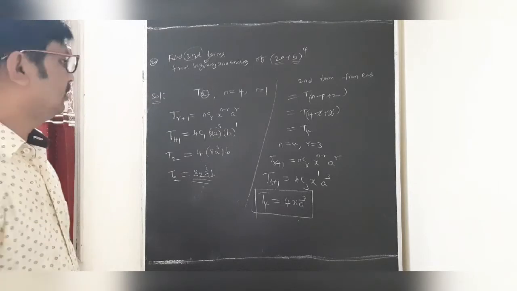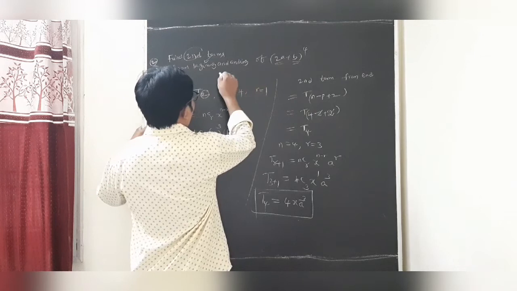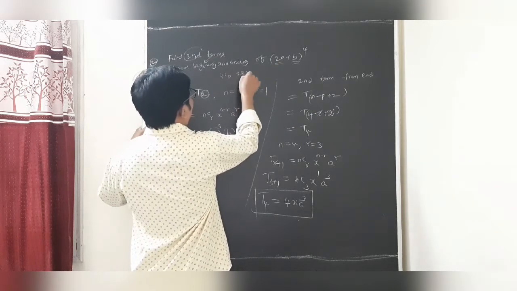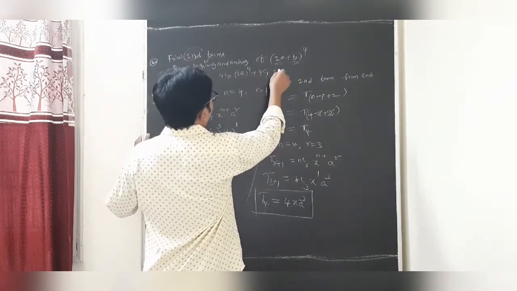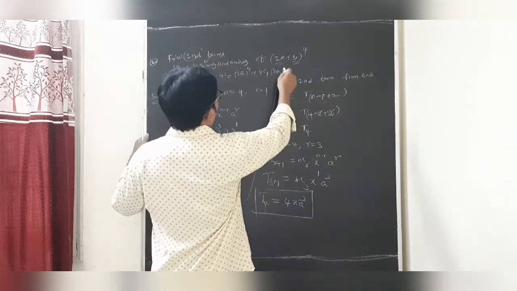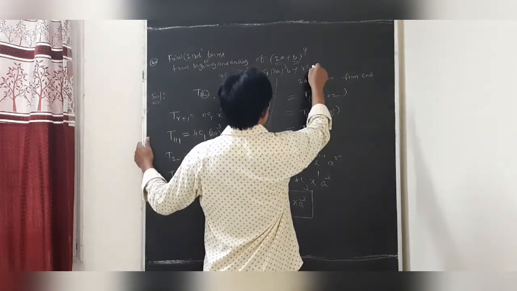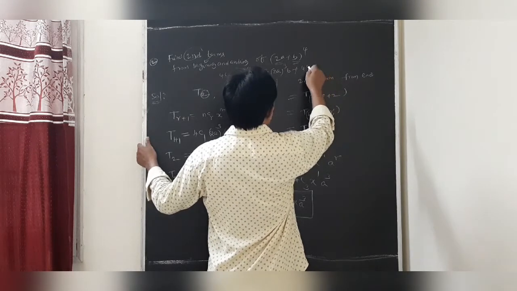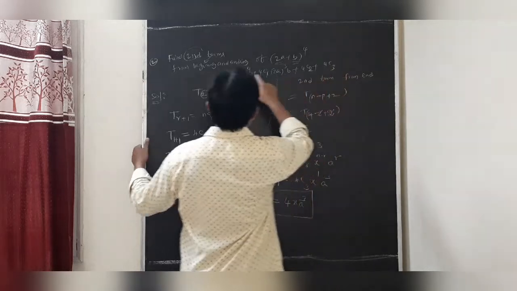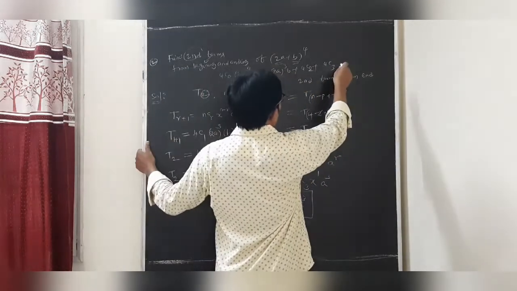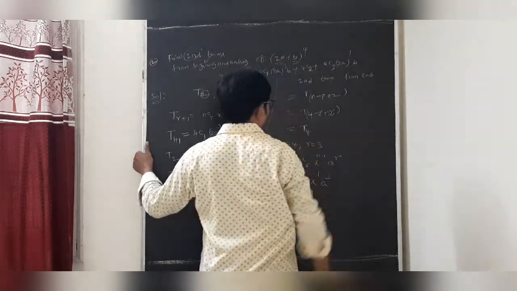Okay, students? In the above expansion, we have to know what the expansion is: 4C0 (2a) whole power 4, 4C1 (2a) whole cube and b, then 4C2, 4C3, and 4C4.